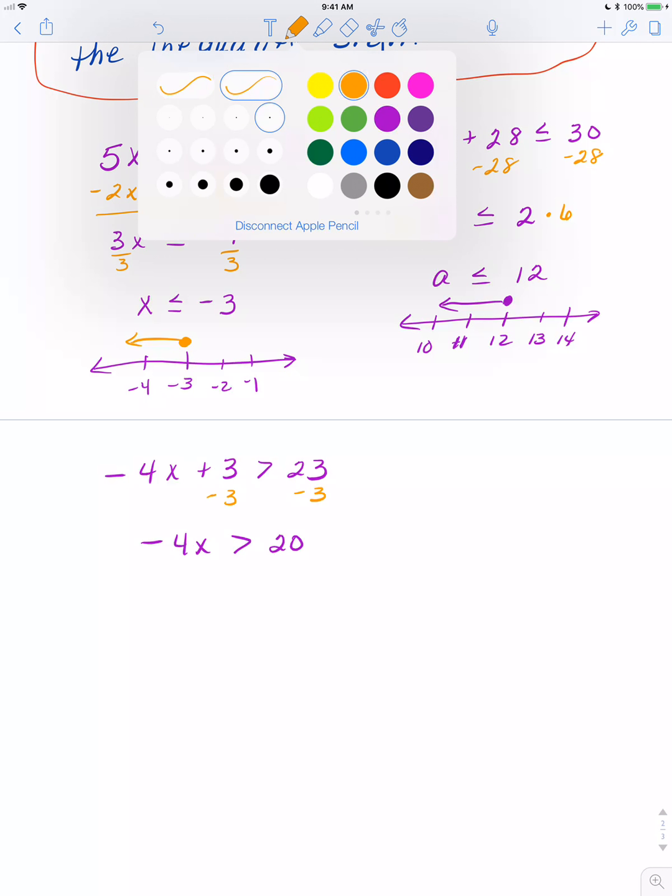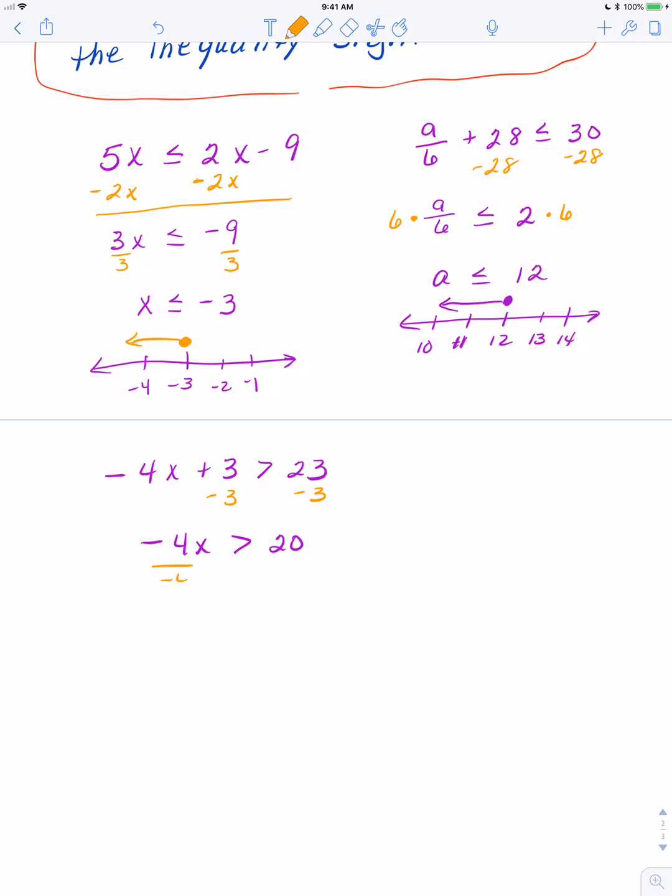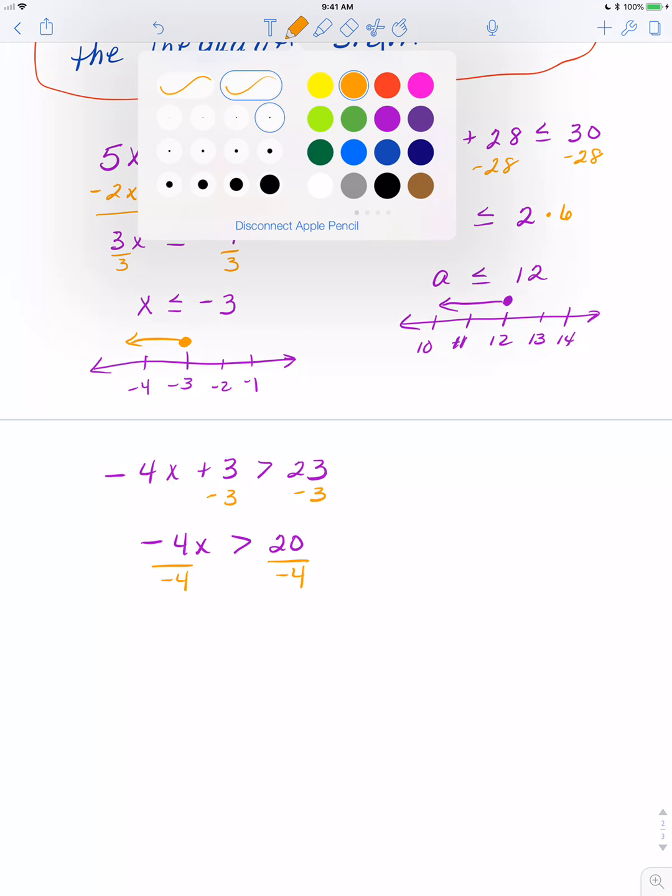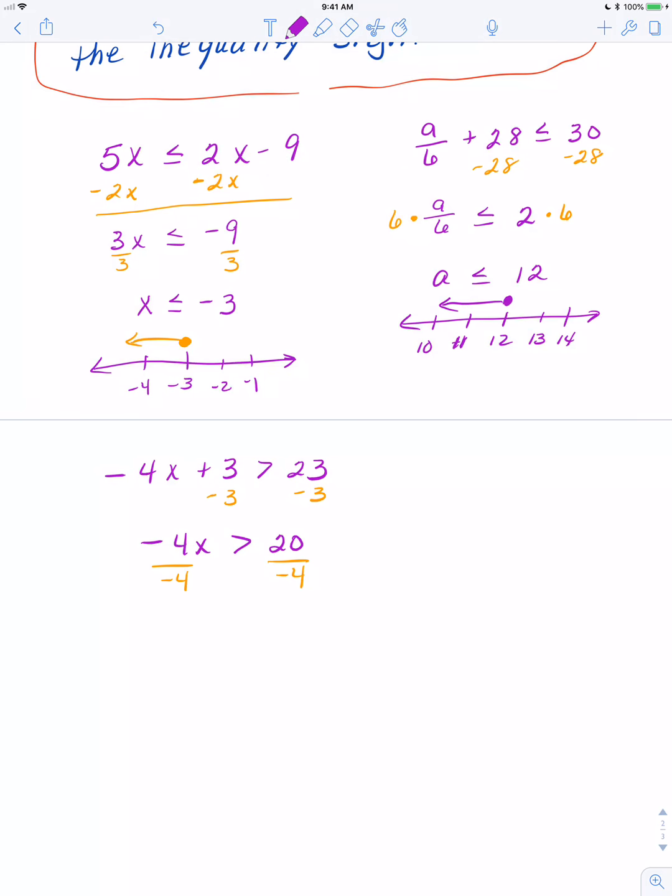And now I'm going to divide both sides by -4. And so then you should be having bells and whistles going off in your head to make sure you flip that sign. It is no longer greater than. Now it is less than because we divided by a negative number. So x is now less than -5.